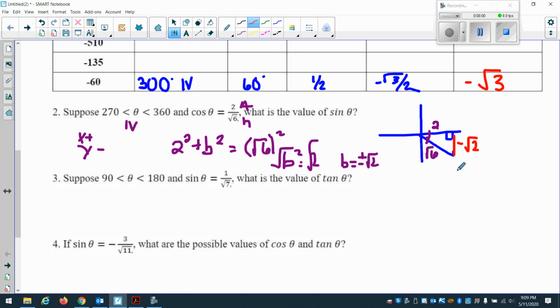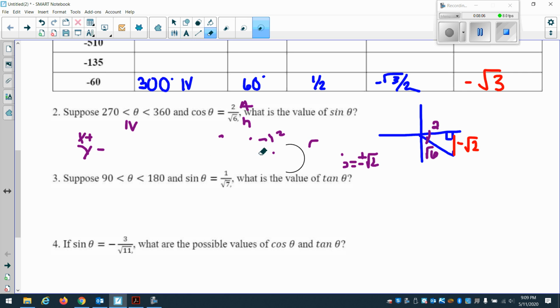So now to find sine, it's opposite over hypotenuse. So it's negative root 2 over root 6.